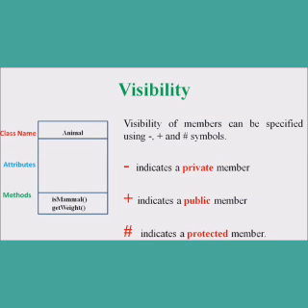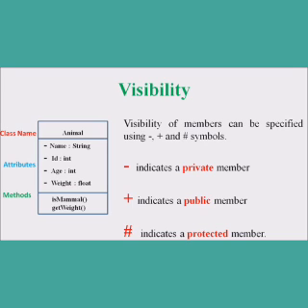So next comes the term visibility. Visibility means how we can access those attributes as well as the methods associated with a class. As we all know, in an object-oriented language like C++ or Java, we can mention different access specifiers like public, private, and protected.